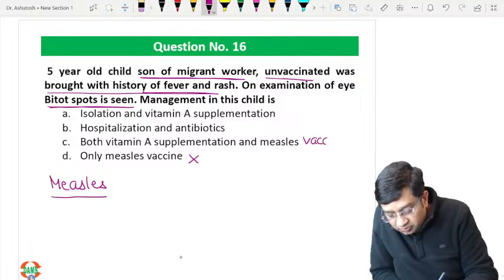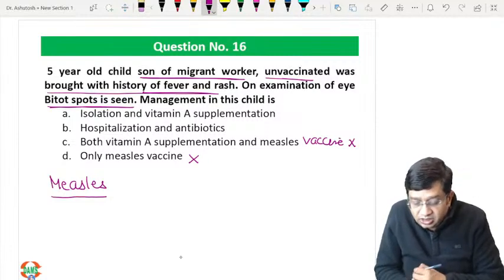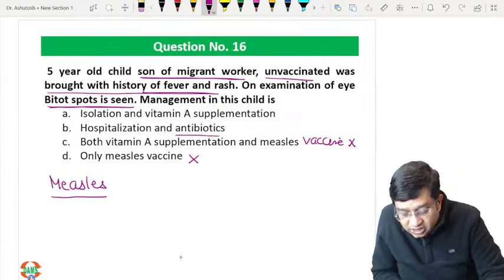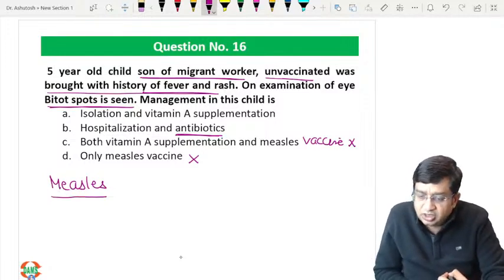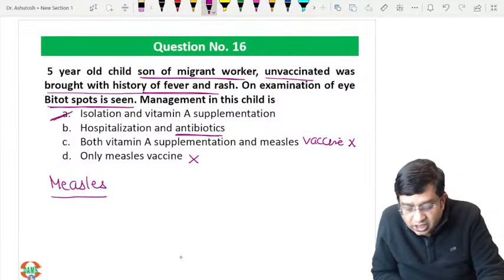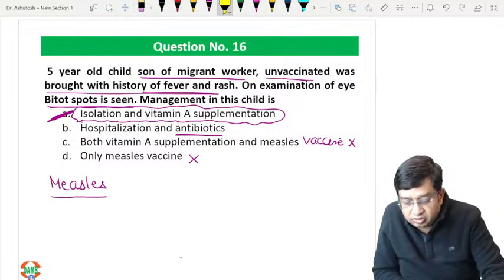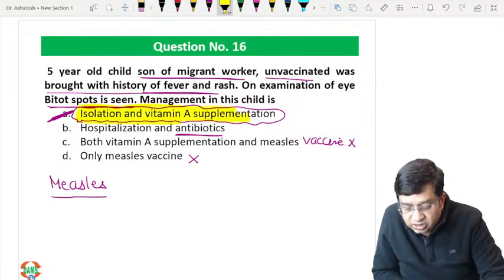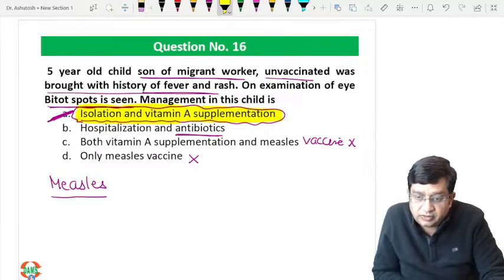There is nothing to suggest pneumonia or other features, so hospitalization and antibiotics are not needed. So what we should do is isolation and vitamin A supplementation.